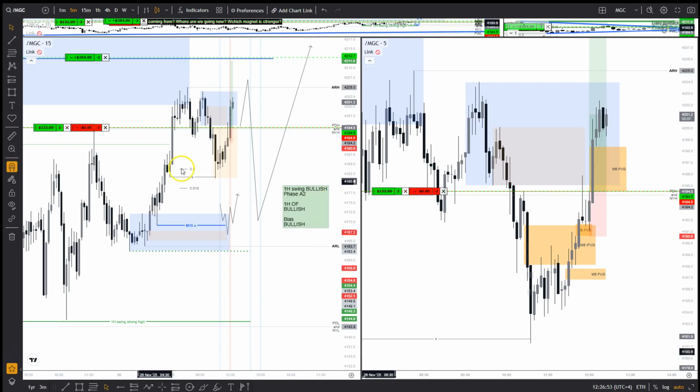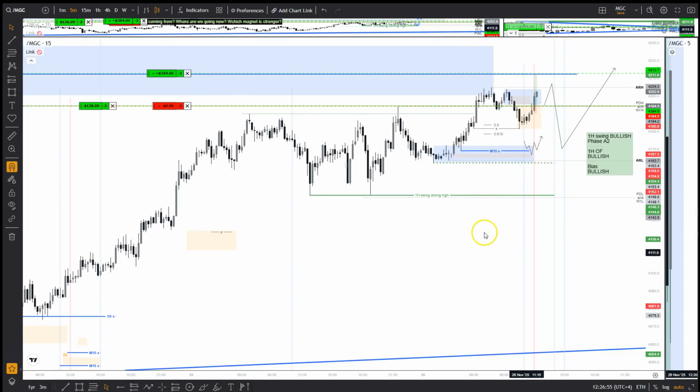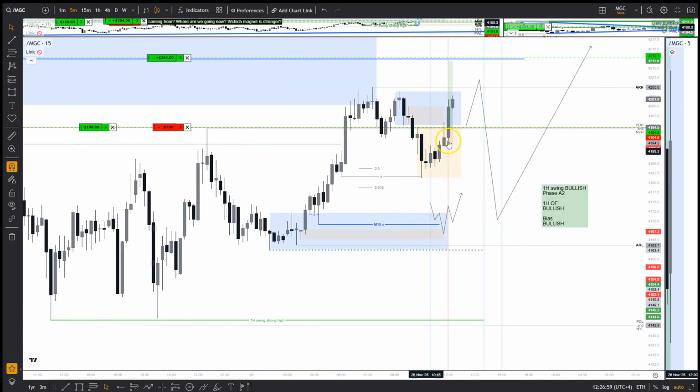Yeah, so let's look at M15 only. There is no point looking at M5, really. So this is M15. We broke this supply.